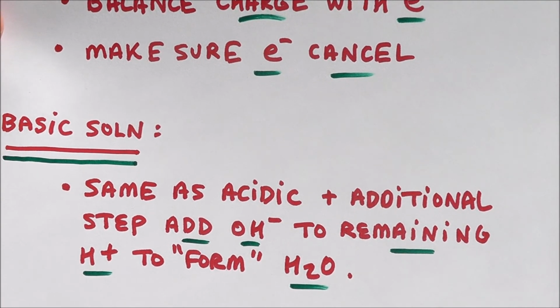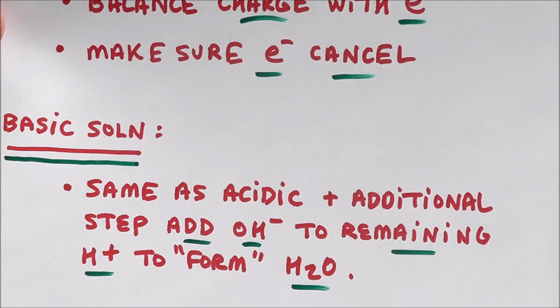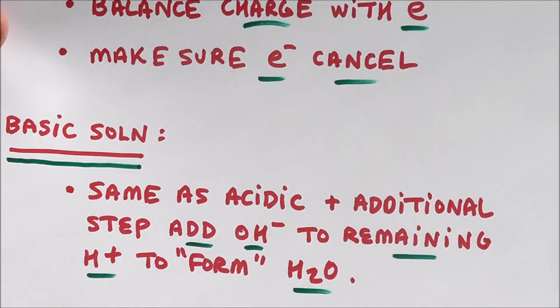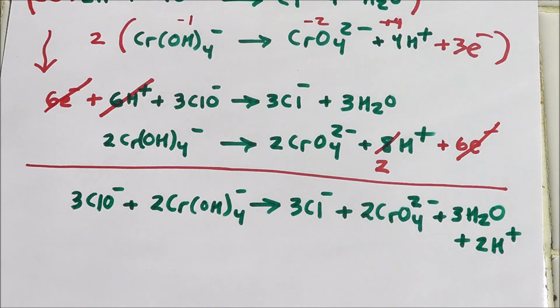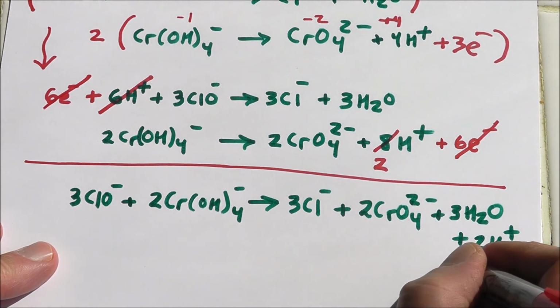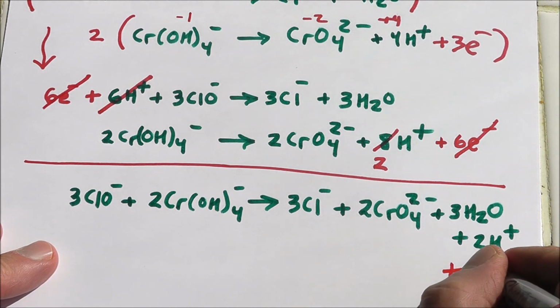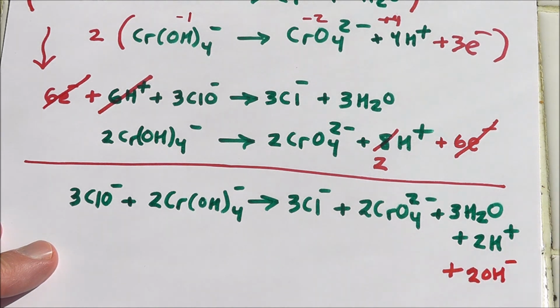So to get rid of those H pluses, which can't exist in an alkaline solution, we're going to add an equivalent number of OH minuses to each side, and that's going to form water molecules on the side with the H pluses. Whoopsie, 2 OH minus.